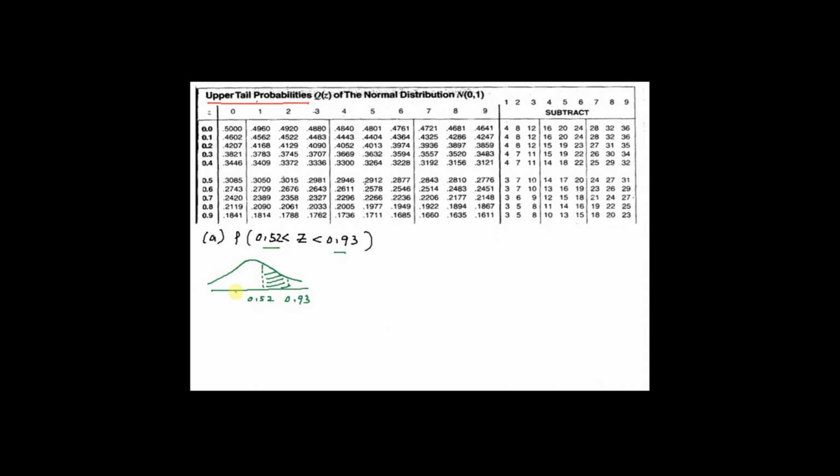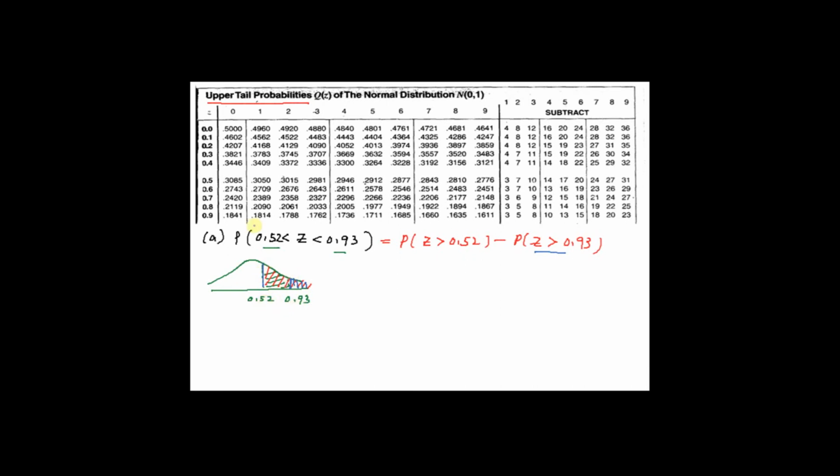So what you can do here is to use the probability Z more than 0.52 minus probability Z more than 0.93. So you can see here the probability Z more than 0.52 will be all the way here. If you minus out this probability, that is probability Z more than 0.93, you will get this area in between.